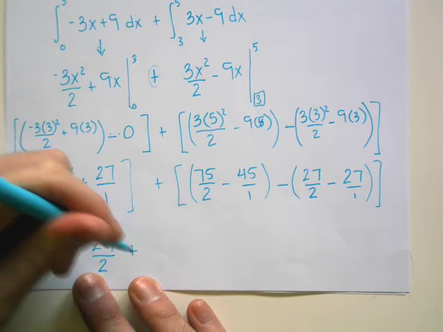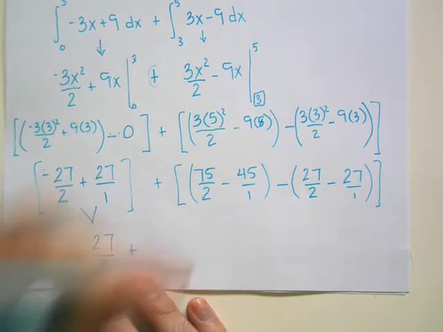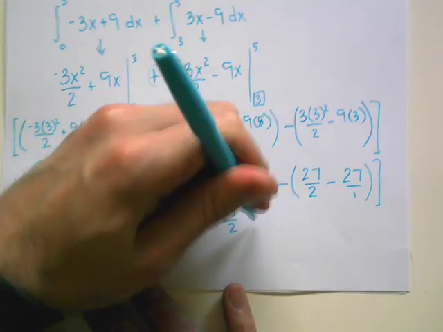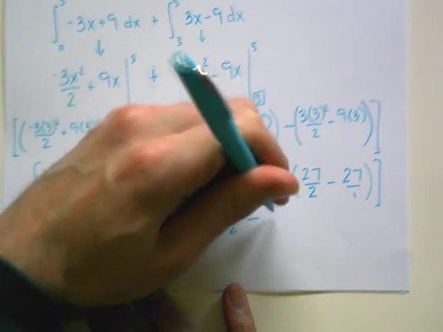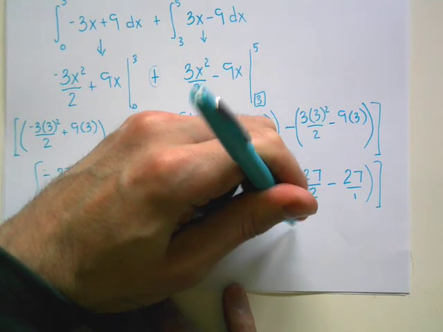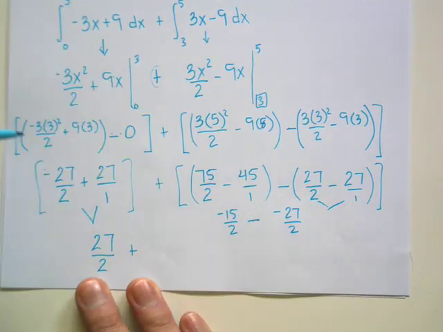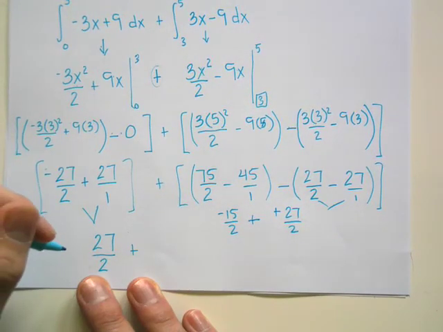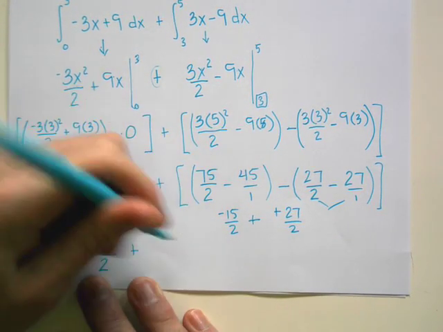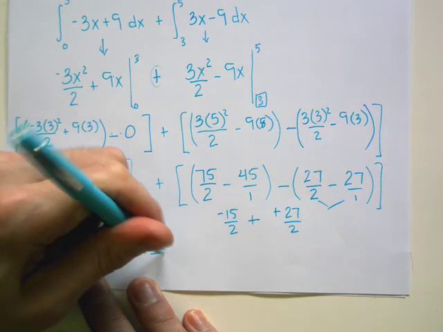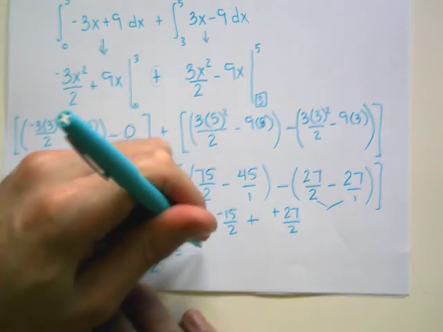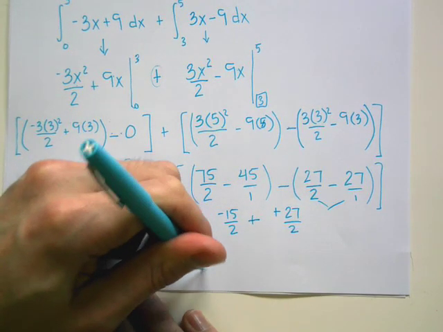Plus, now if I were to take the common denominator here, I would end up with negative 15 over 2 minus negative 27 over 2 if I took the common denominator between those two. And this would actually turn into a plus, which if I added those together, would be a positive 12 over 2. Now when I add these together, I'd get 39 over 2.